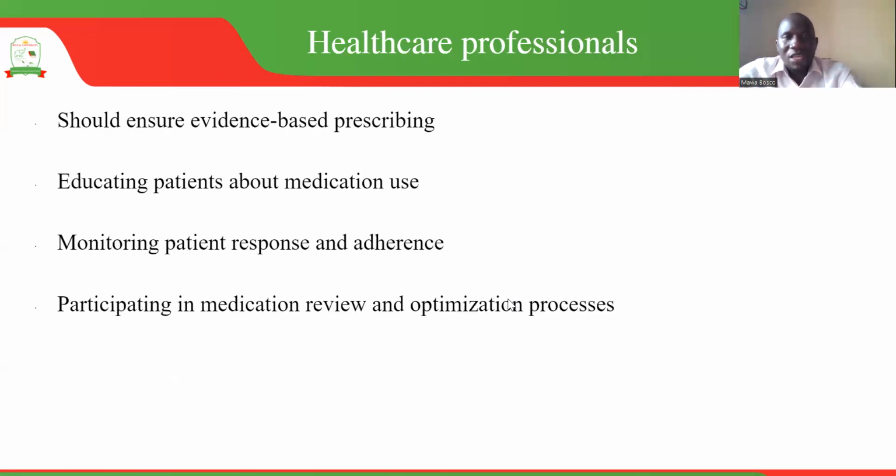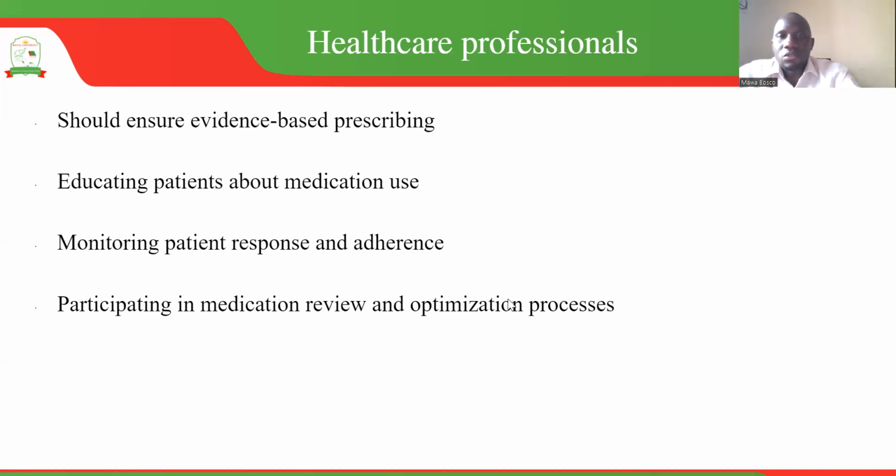Health workers can be a target in trying to improve rational use of drugs. They should be educated on using evidence to prescribe medications. That means that if there is no reason for prescribing certain medications, then they should not prescribe them. They also play an important role in educating patients as they give them the medications, and in monitoring the patient's responses and adherence to the drugs.